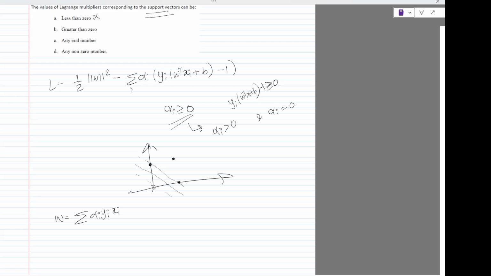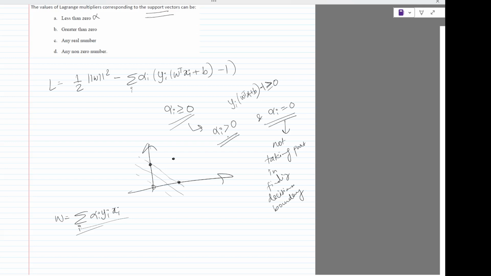The points with alpha equal to 0 are not taking part in finding the decision boundary, because alpha equal to 0 means those points are not in this summation.